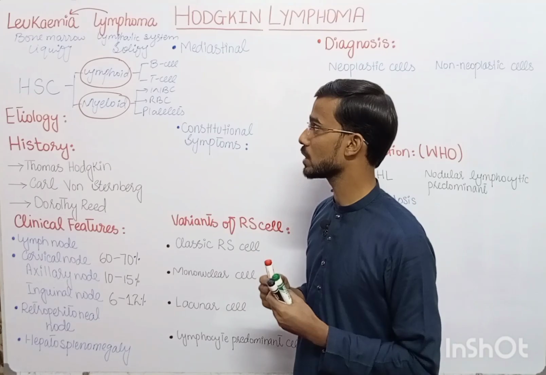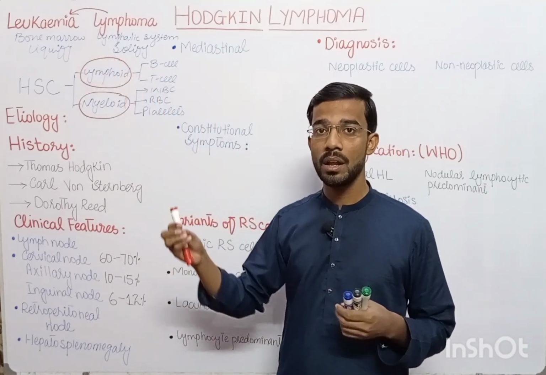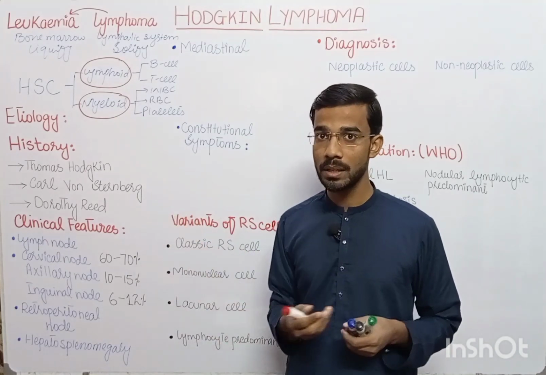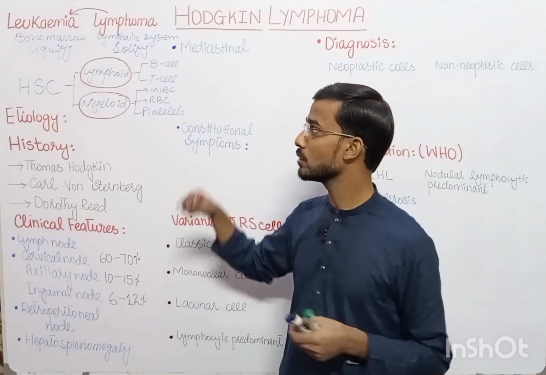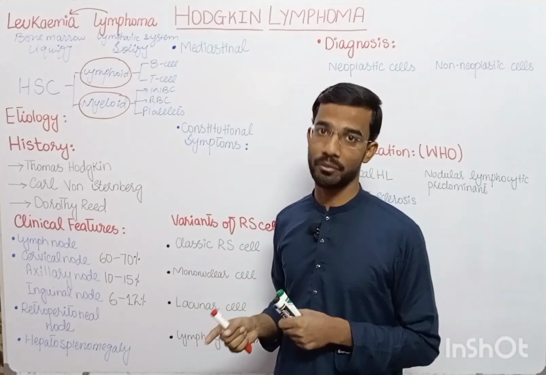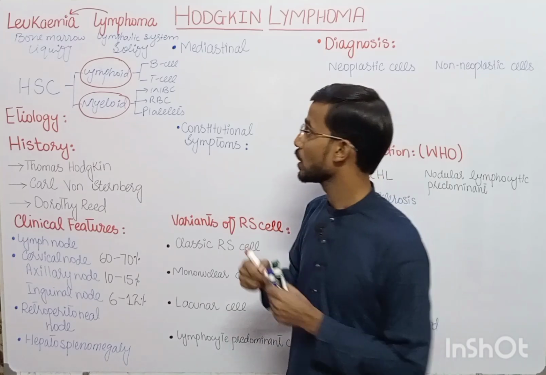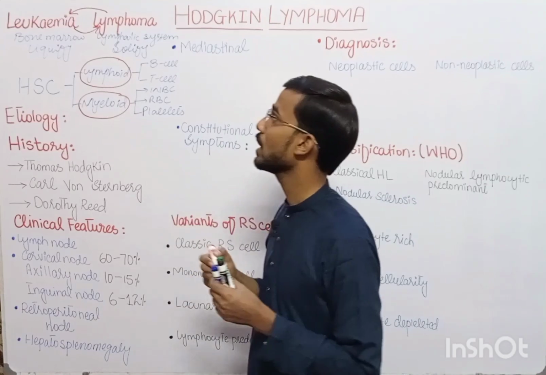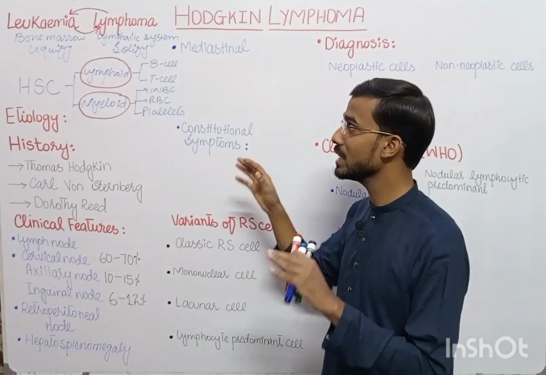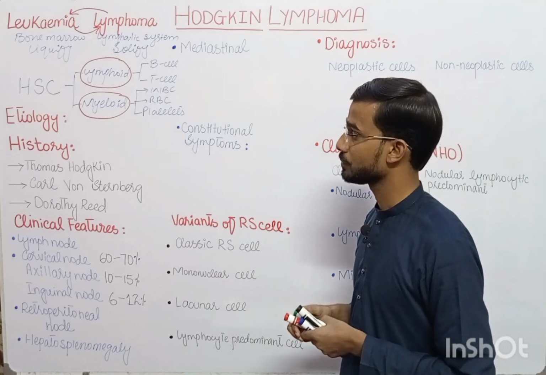And in some situations, in leukemic cases, blood cells move into the blood, and from the blood they move into the lymphatic system and deposit there. Only the white blood cells can do that. So in some situations, leukemia can convert into lymphoma. So both of these are interconvertible.